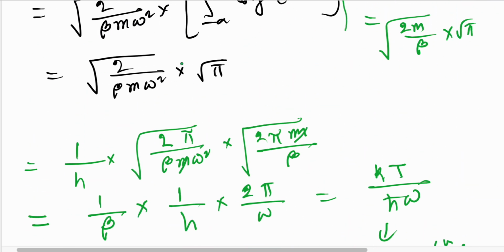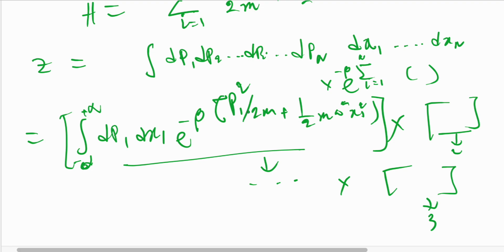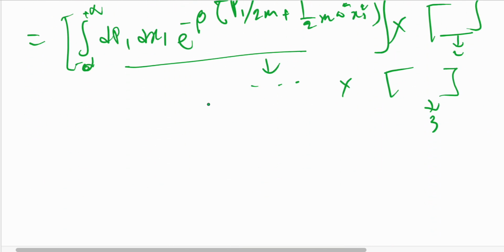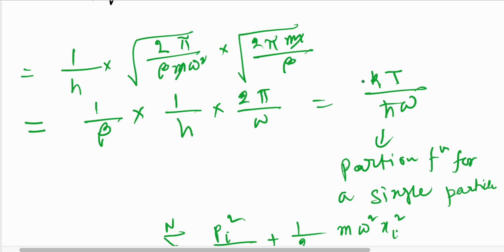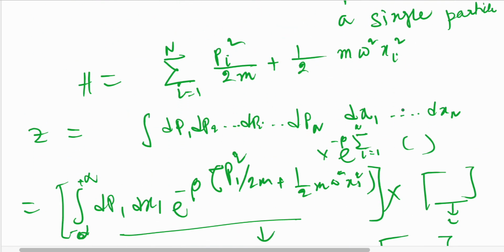From above, each integration is a constant that does not depend on which particle we are talking about. It will be kT by h cut omega.